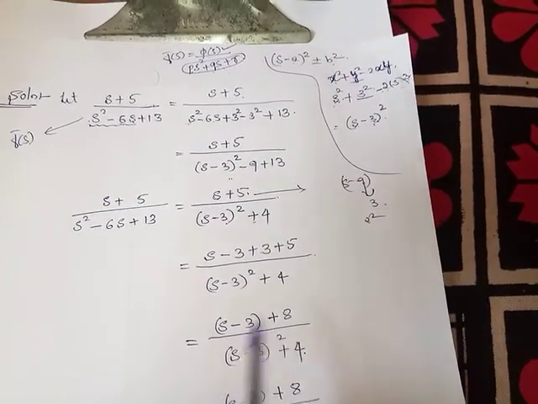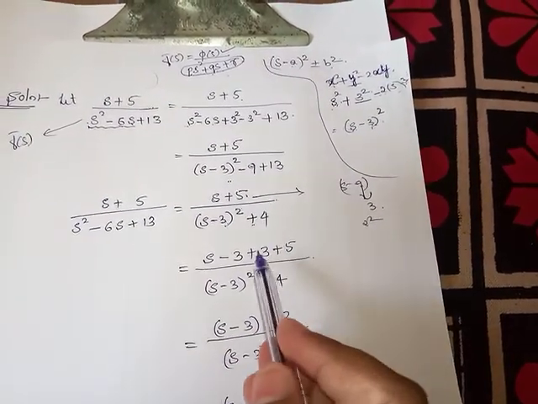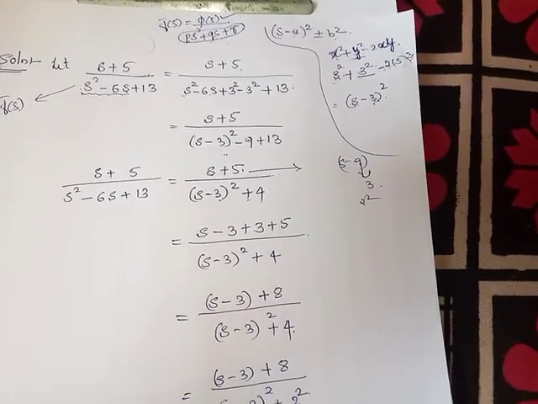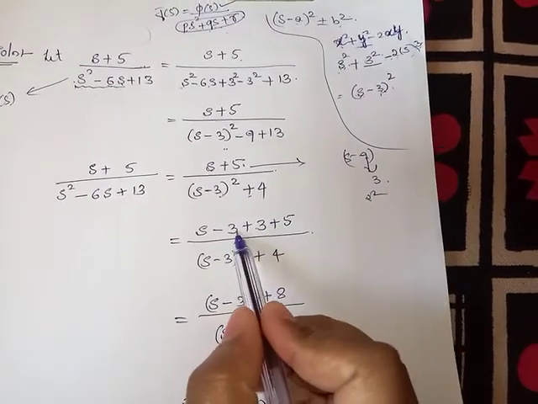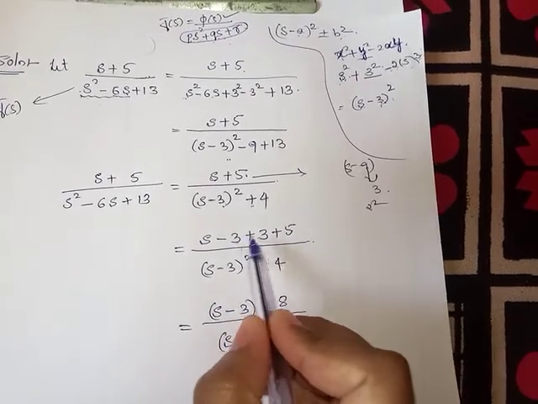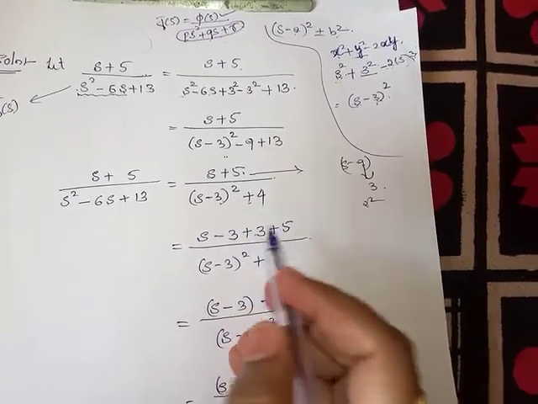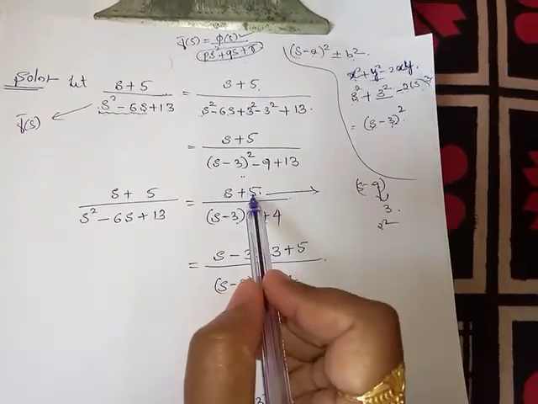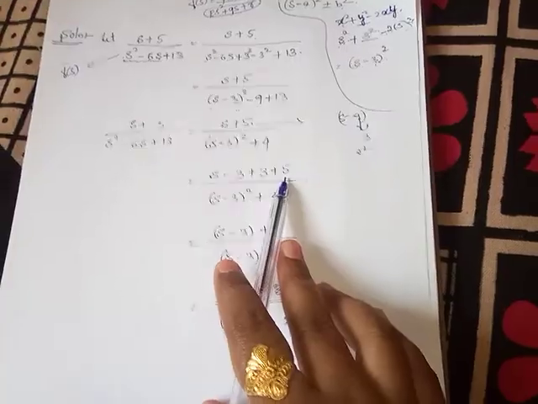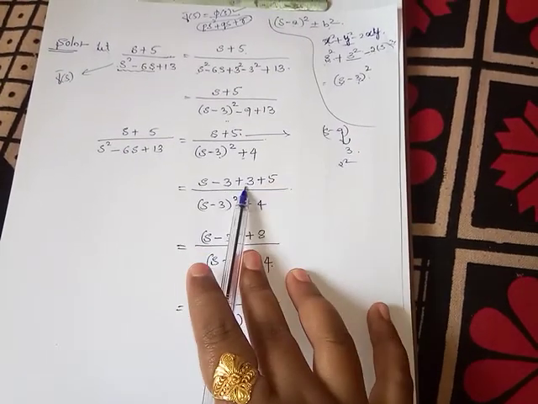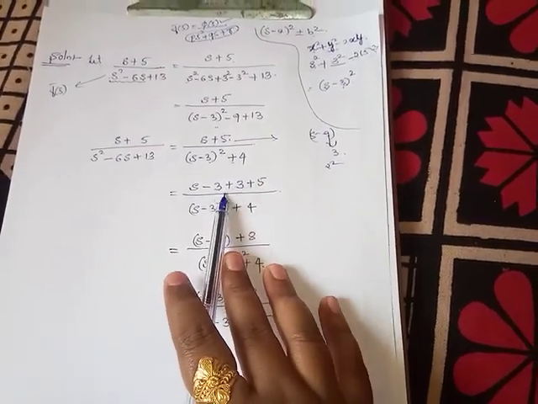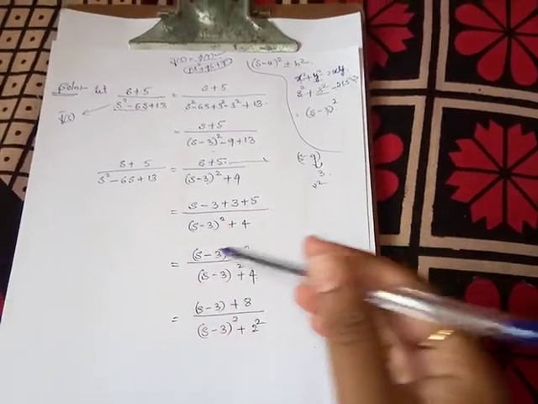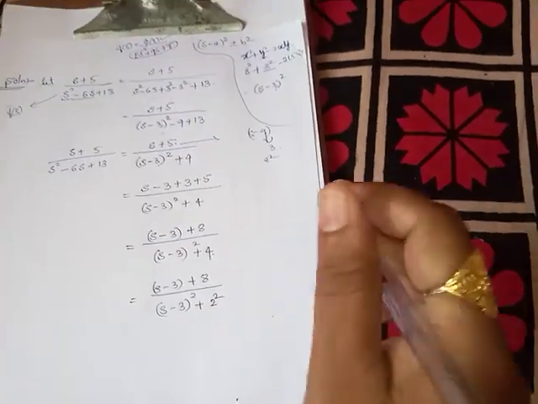Next we have to convert the numerator term to s minus a form. Here a value is 3. I am subtracting and adding 3 to the numerator to get s minus a. Here 5 is there, we can't get any 3 value, so you have to subtract and add 3 to the numerator to get the s minus 3 term.